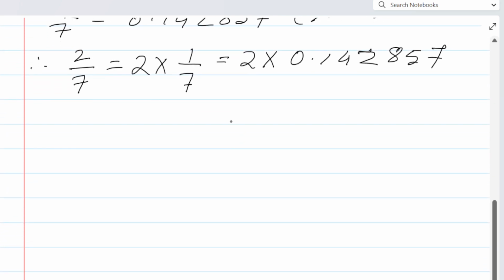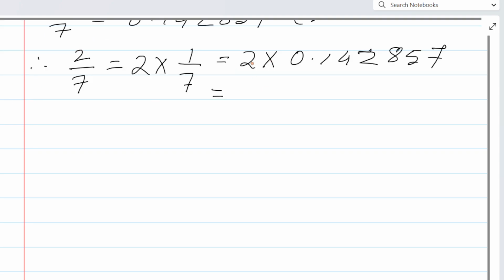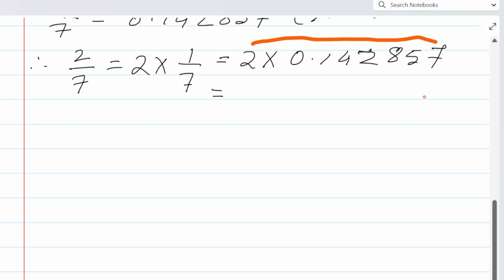Okay, so what value will you get here? You multiply by 2. See this 2 and this 7: 2 into 7, I'm getting 14, so I'll take 4.